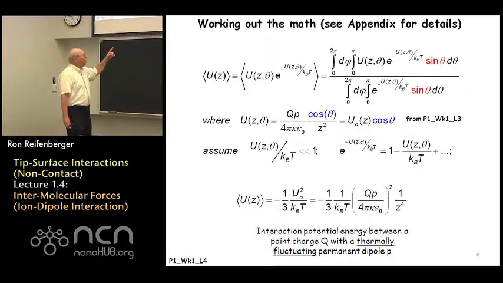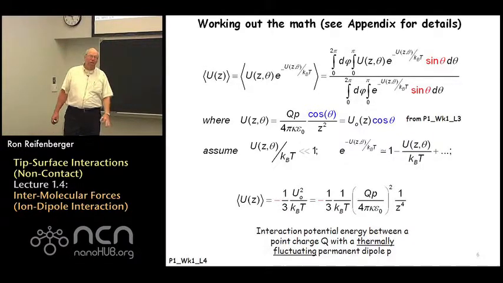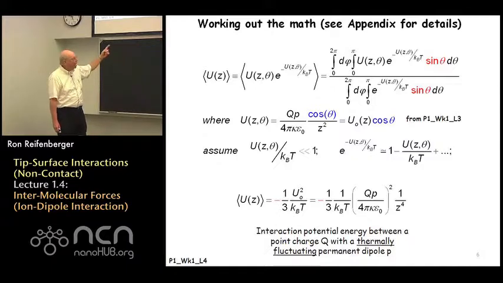The second feature to note is that the thermal energy, kT, now shows up explicitly in the formula for the thermal averaged U of Z. This is a clue that we've done an angle averaging in this particular case. And the third thing to note is that this interaction potential energy now varies as 1 over the separation to the 4th power. So we've gone from a 1 over Z squared interaction potential energy for a dipole at a fixed orientation, to 1 over Z to the 4th when we average over all orientations. That's another important feature of this result.